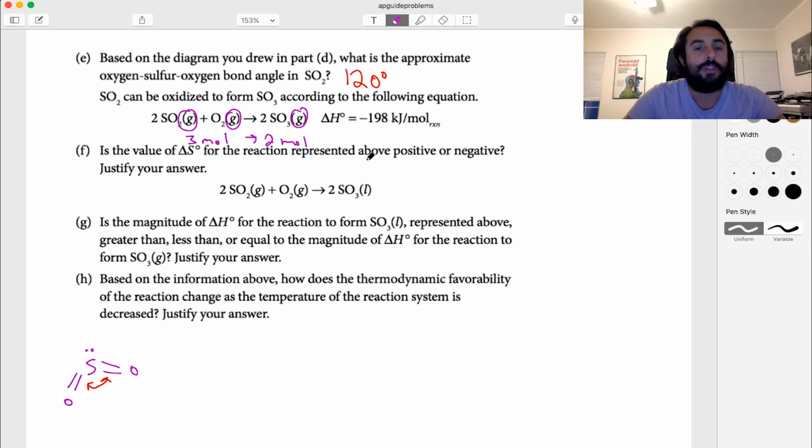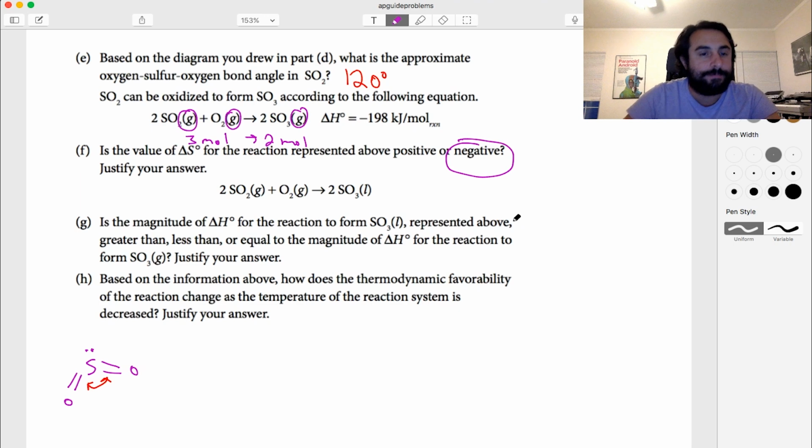And so this is a reduction in entropy. This is a reduction in the dispersal of matter. We are going to fewer moles of gas, right? Gas molecules are fusing, SO2 and O2. These particles are fusing to form fewer particles of gas, and so that is entropically unfavorable, and that is going to be negative. We're talking about a negative delta S right there. So that is going to be that one.